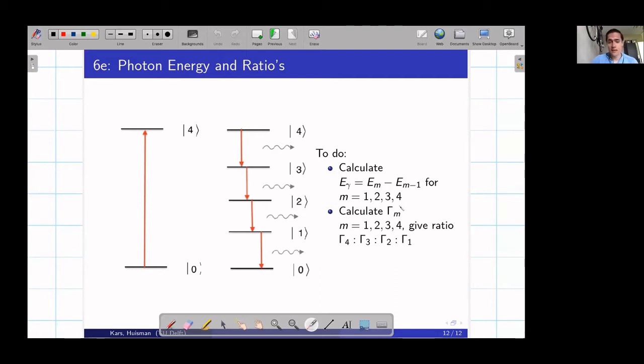And you're also asked to calculate the ratio of all these decay widths here. So you just plug in the result. You use the result from the previous exercise. You plug in m is 1, 2, 3, 4, and then you give these ratios. So that's how you solve the bonus question.